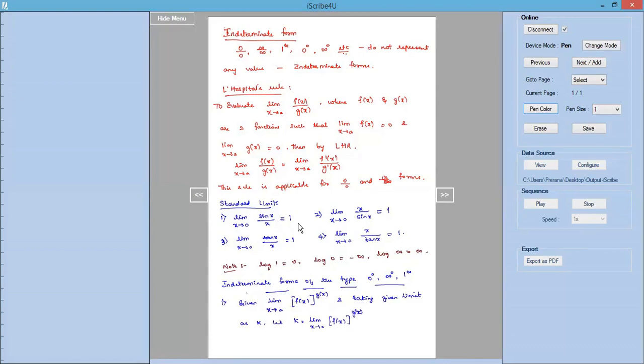So the given limit will be of one of these forms: 0 power 0, infinity power 0, or 1 power infinity.